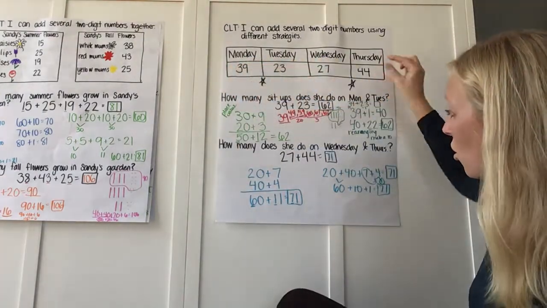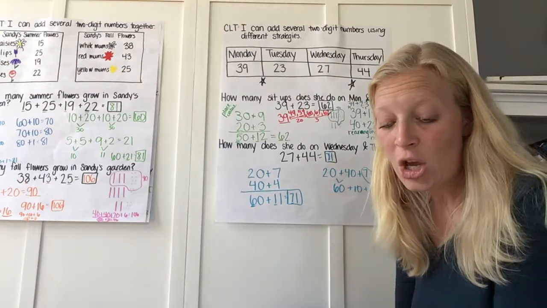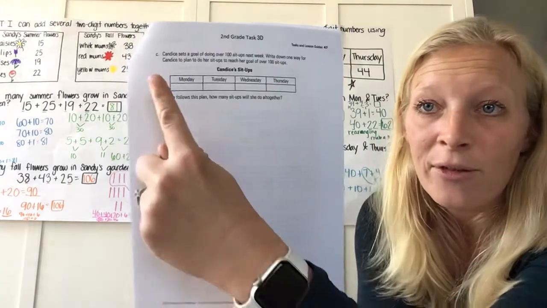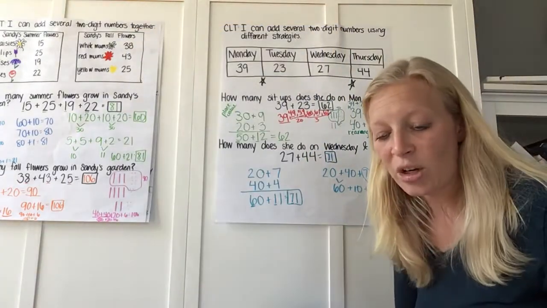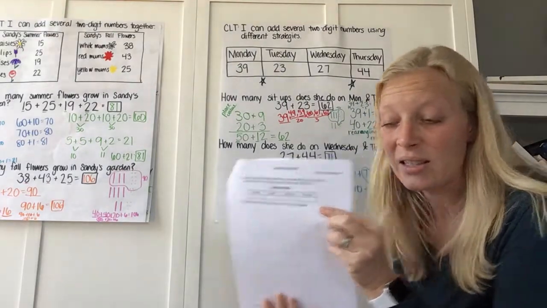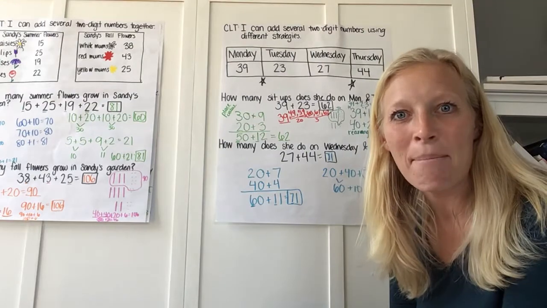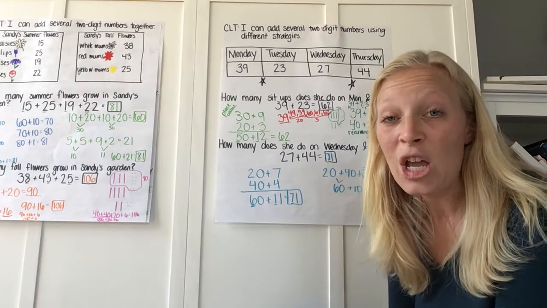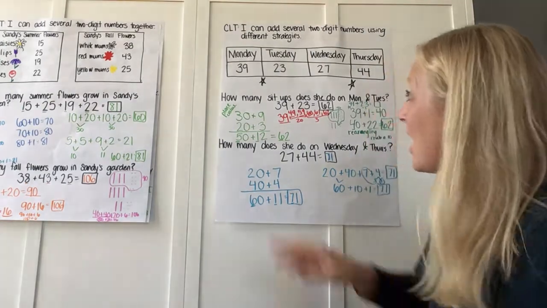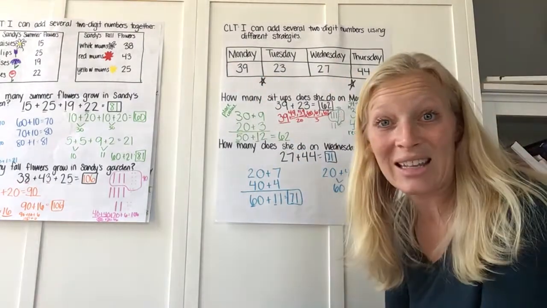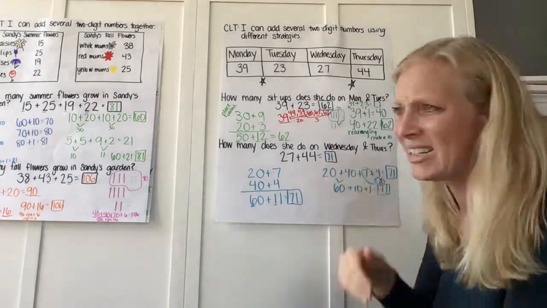Okay? You're going to plug in a number of sit-ups for each day for Monday, Tuesday, Wednesday, and Thursday. And then you're going to use that bottom space to show me how you know that she's met that goal. So that means maybe you're going to add your Monday and Tuesday and your Wednesday and Thursday to see if she gets at least 50, just like we did together.